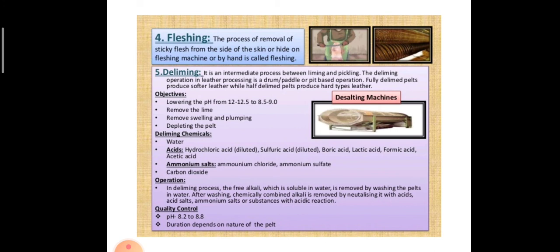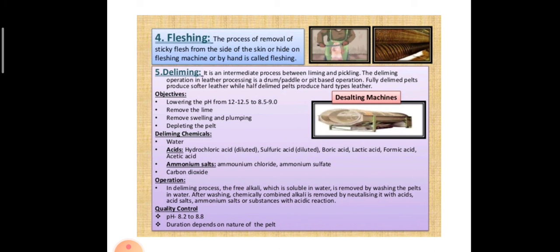Fully delimed pelt is intermediate between the liming and what we call pickling. The delimed pelts produce softer leather, while half delimed pelts produce hard types of leather.